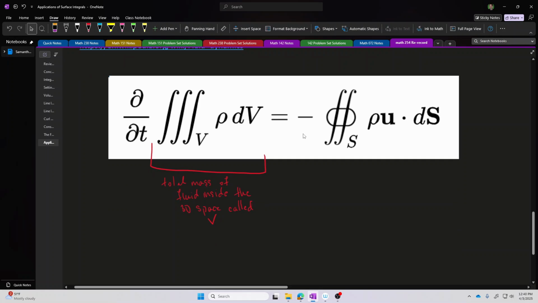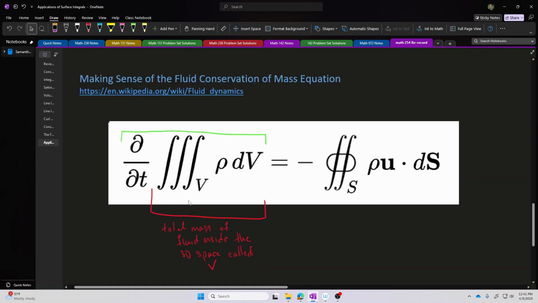Now, working outward on this left-hand side of the conservation of mass equation, we see this total mass, and then we see this partial derivative applied to this total mass. The partial derivative of the total mass with respect to time, with respect to t. And remember that derivatives tell you rates of change, right?